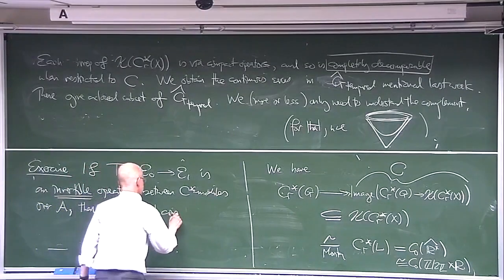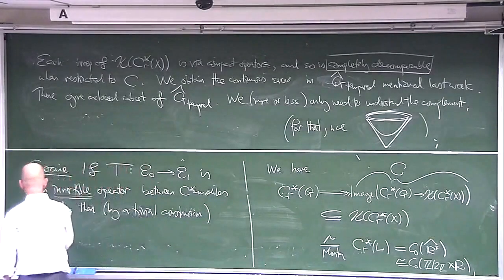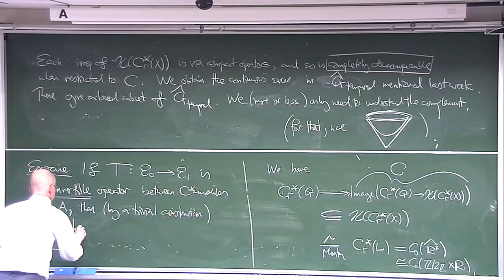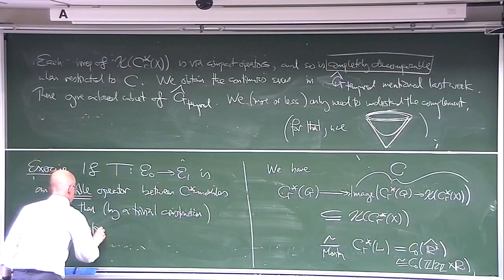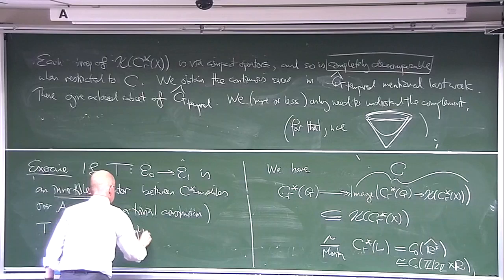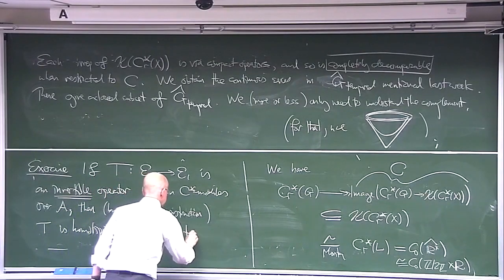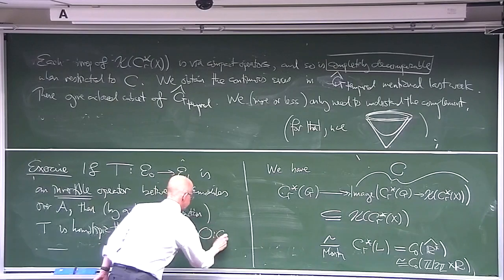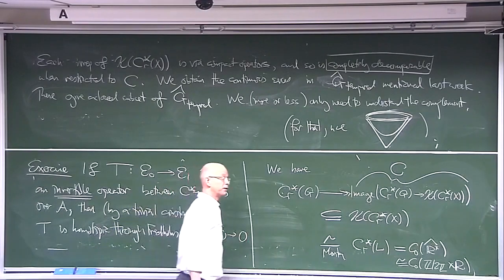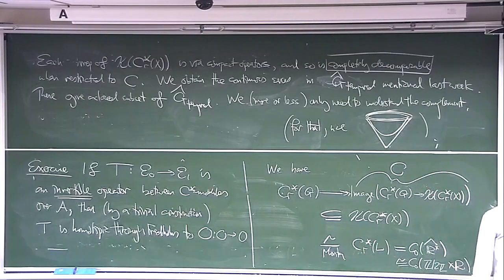There's a trivial construction, which I won't show you because it's an exercise. T is homotopic through Fredholm operators, in the sense of that definition over there, to 0. The 0 operator between 0 C-star modules.